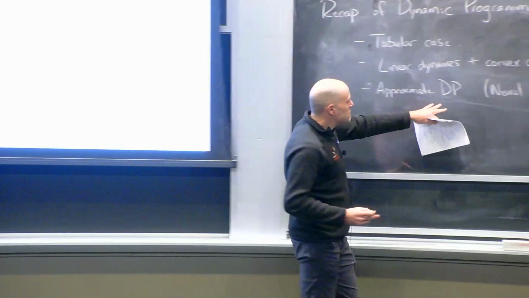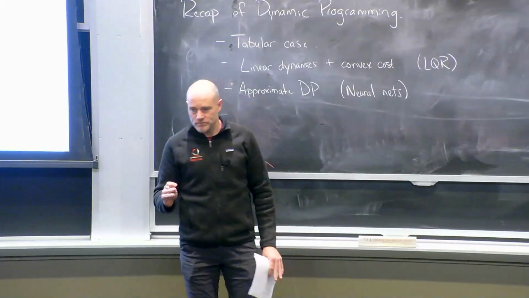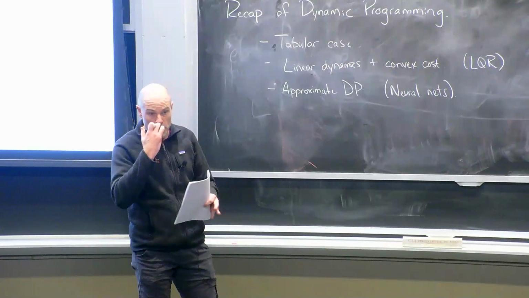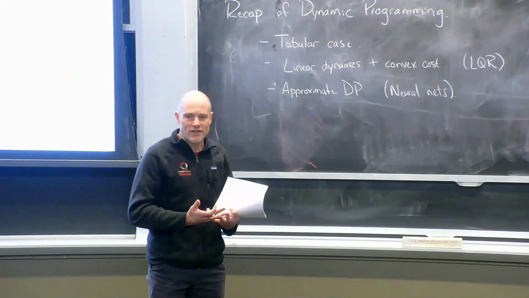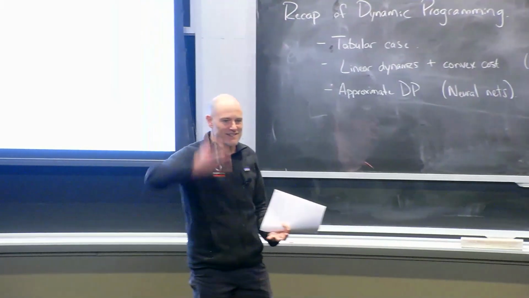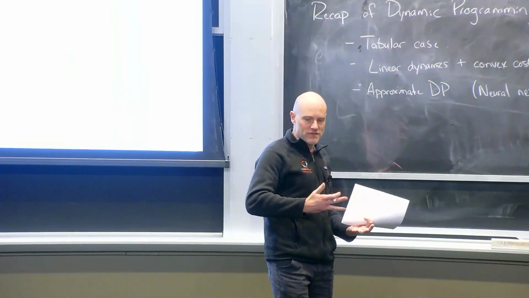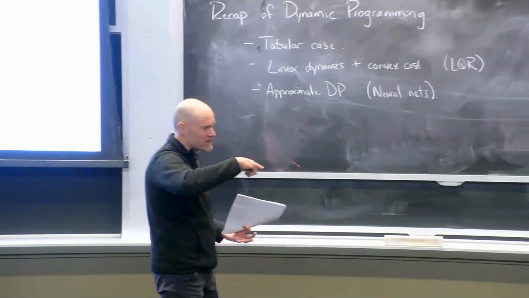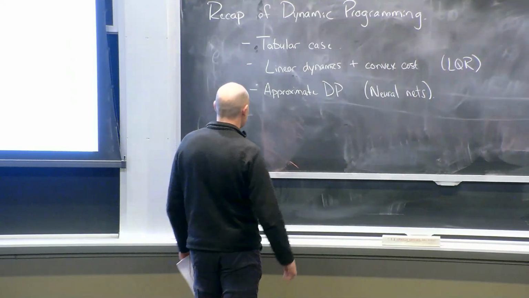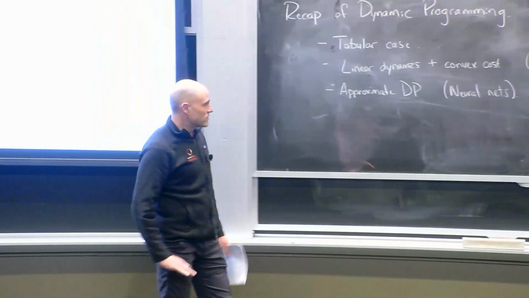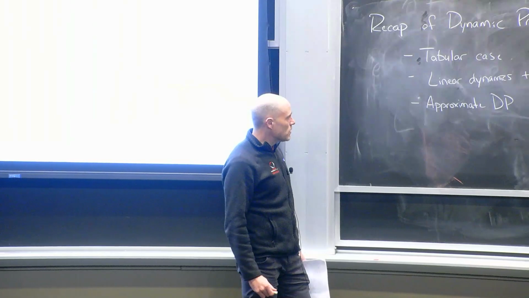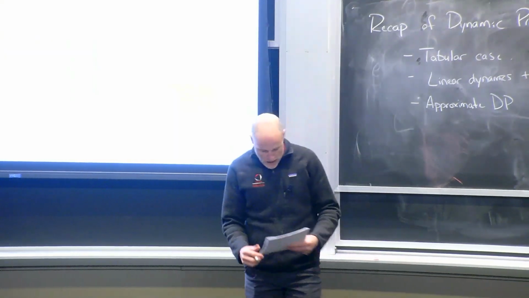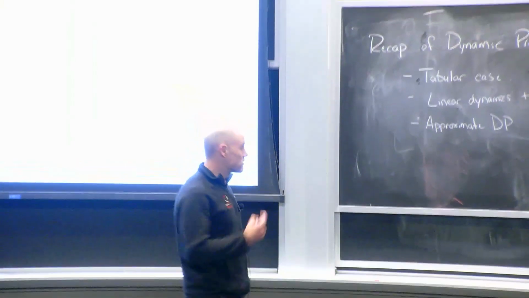The approximate DP, the neural network version, the hope is that it can do what a mesh could do, but without having to have the number of bases to the power of the dimension. We don't want to have the curse of dimensionality. So there's three fundamental tools, but they really are trying to solve a very hard problem.